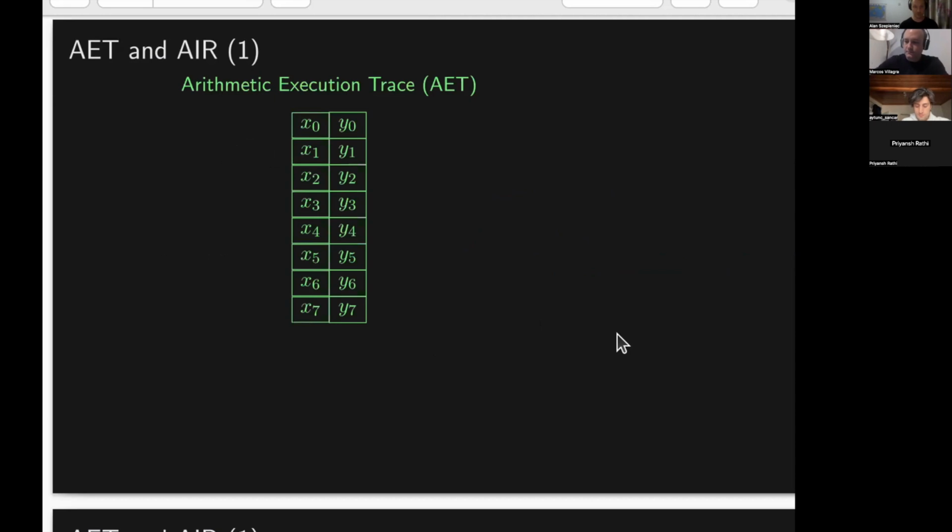Now, how do we enforce the correct evolution? And how do we enforce the correctness of the claim? So once we collect all the states by applying the state transition function T many times, we have a table in which going down means going forward in time, and in which every column is one coordinate of the state space. We can interpolate these columns.